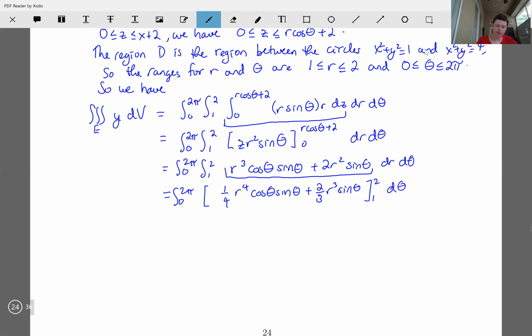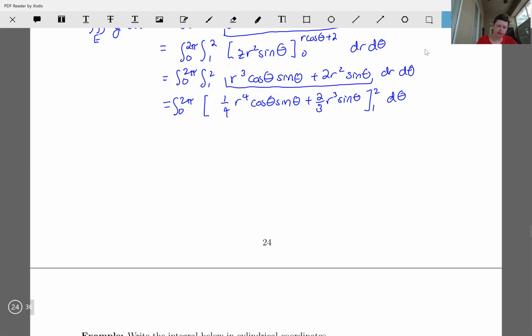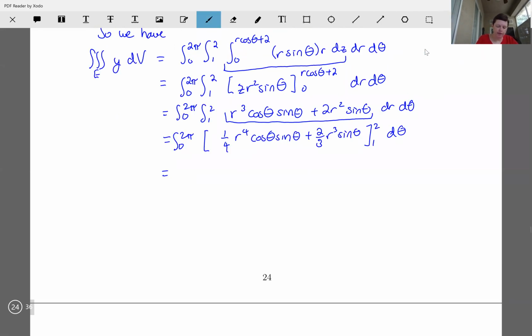When we're done, we're going to integrate with respect to theta. Alrighty, so what is that going to give us? When I plug in the limits, I'm going to end up with 15/4 cosine theta sine theta plus 14/3 sine theta. And I'm going to integrate that with respect to theta.